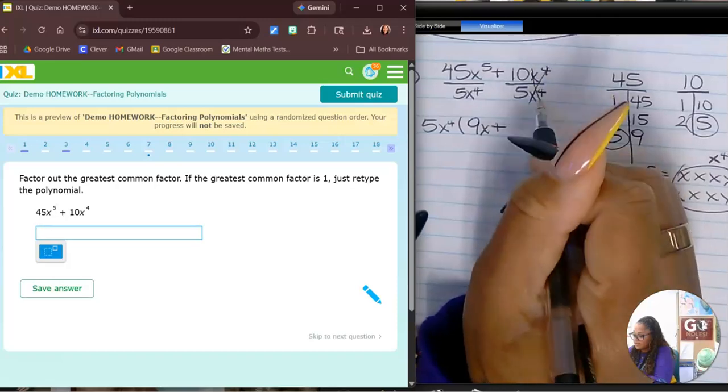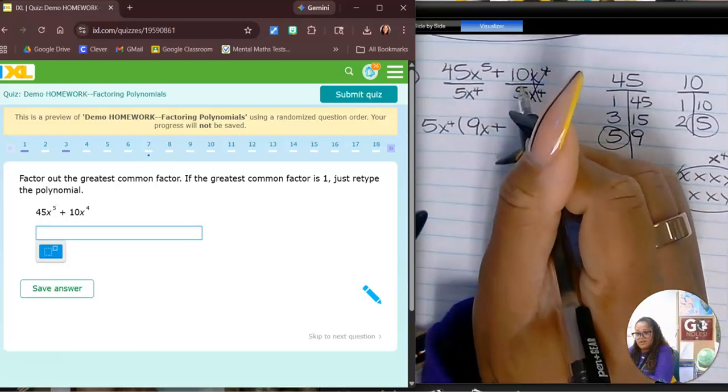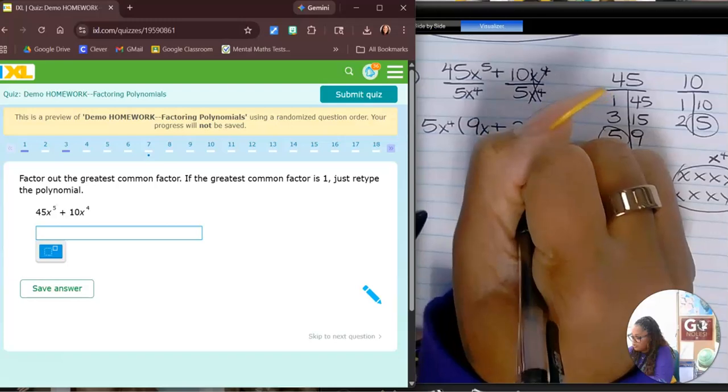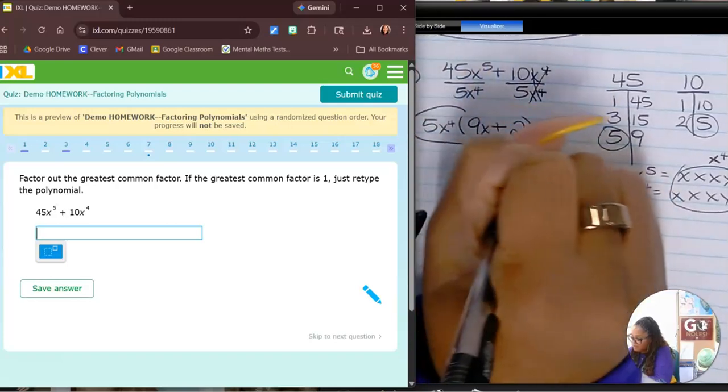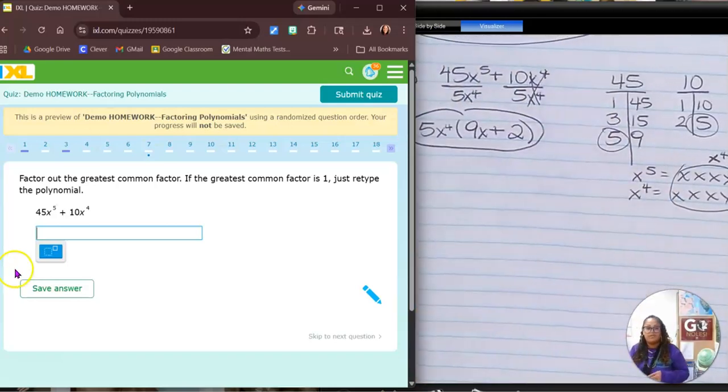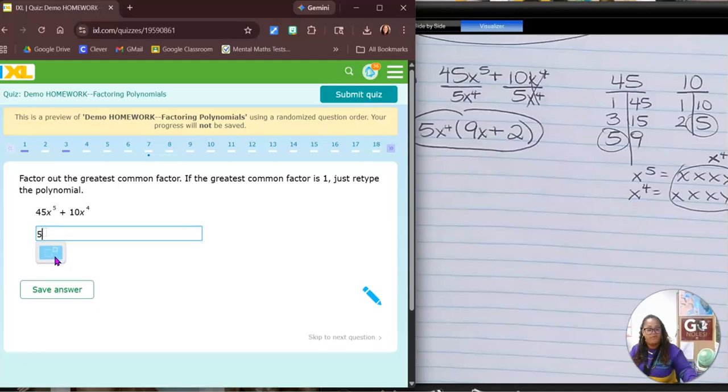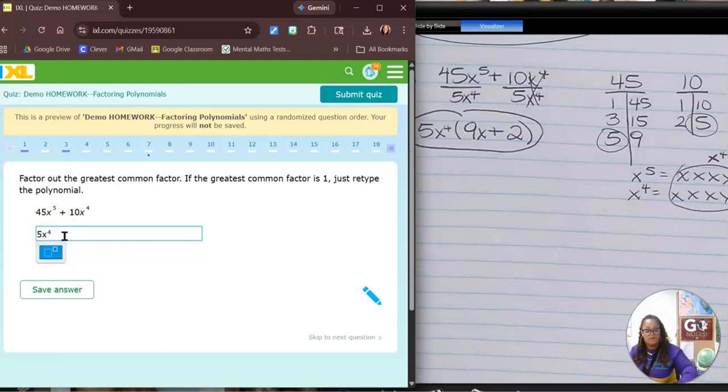Plus, there won't be any x's left, but 10 divided by 5 is 2. Then this will be my answer. So I'm going to type 5x to the 4th power, get inside that, and then parentheses 9x plus 2.